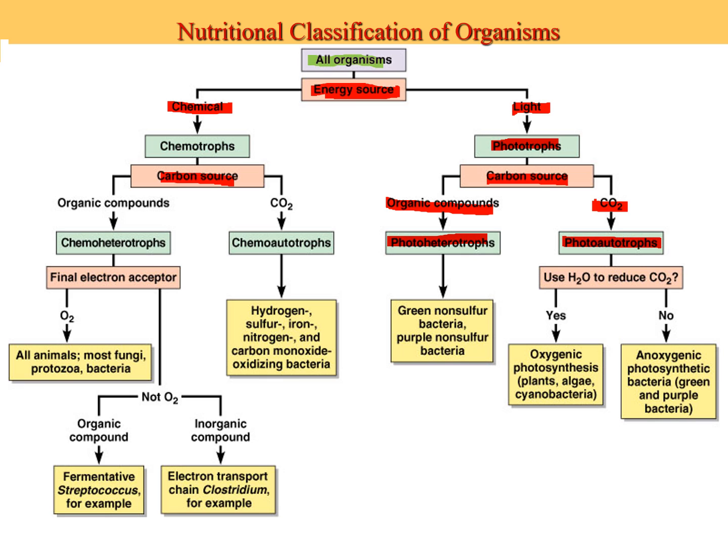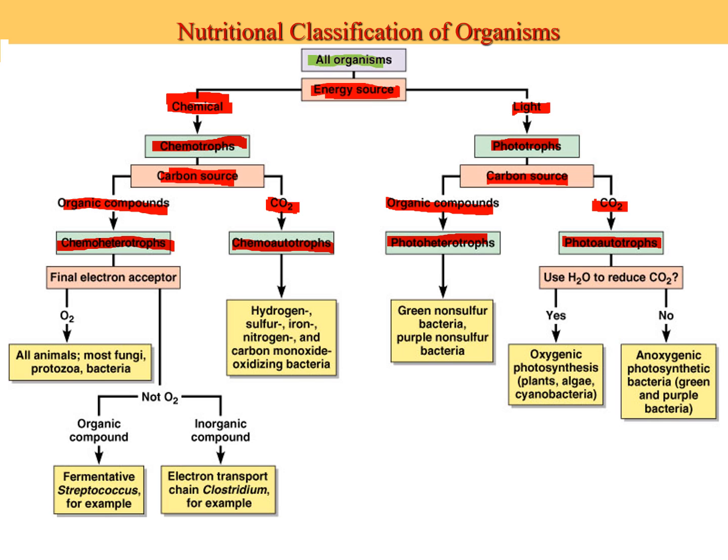And if they use chemical organic compounds for their energy source, these are chemotrophs, and they can be divided into 2 on the basis of the carbon source. Chemoheterotrophs use organic compounds for the carbon, or chemoautotrophs use CO2 for their carbon source. So chemoautotroph uses chemicals for their energy and CO2 for the carbon.